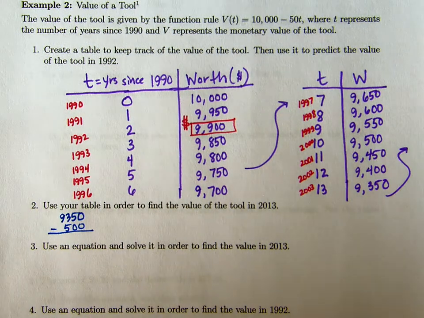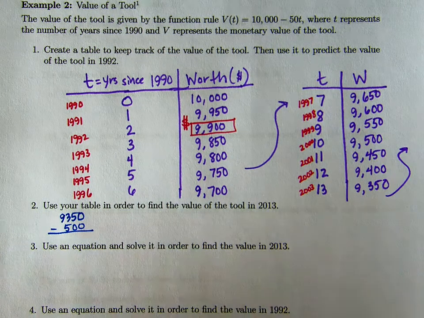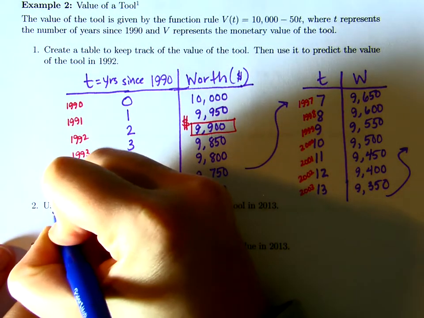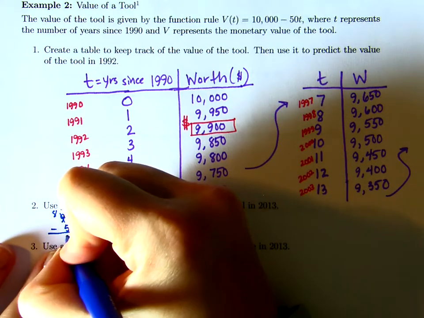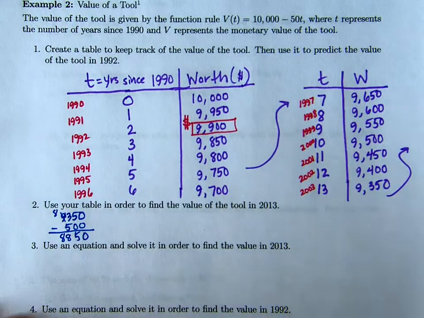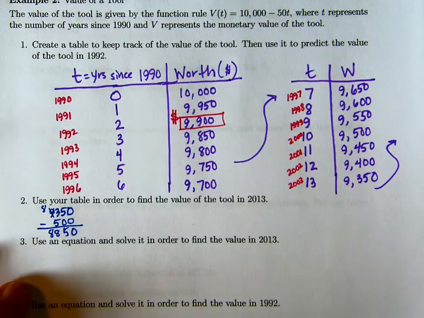It appears as though I cannot find my calculator. So it looks like I'm going by hand. 0, 5, 8, 13 take away 5 is 8. Okay. So use your table. Well, I did get a little bit tired.